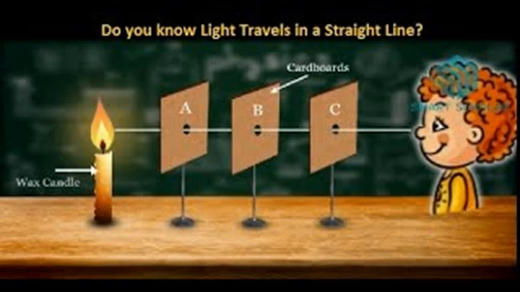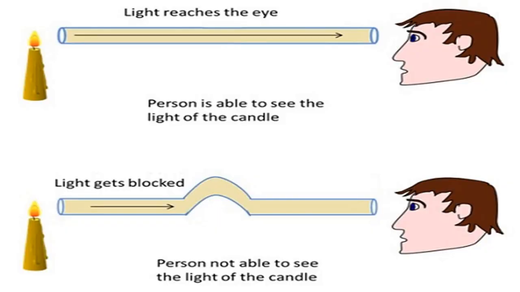Do you know light travels in a straight line? Yes. For example, if you hold a candle and try to see the candle through a straight tube, you will be able to see the candle. Now, bend the tube and try to see the candle through it.